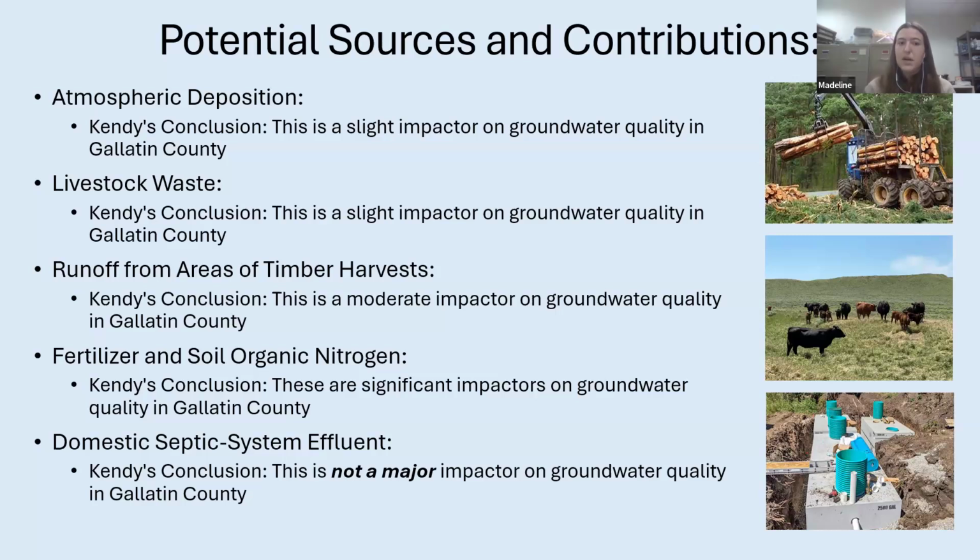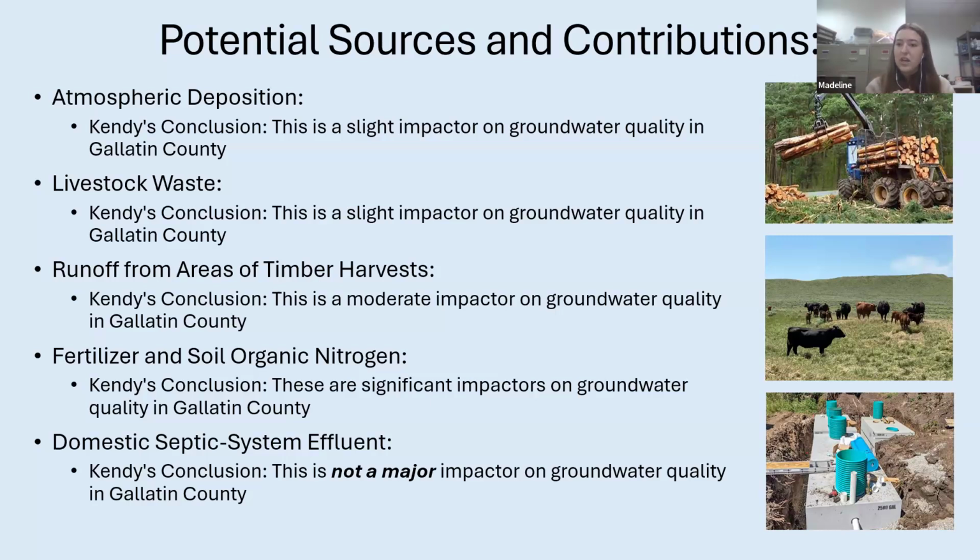Livestock waste was also a slight impactor, but runoff from areas of timber harvest were moderate impactors, as harvesting the timber kind of speeds up the soil erosion, which creates more nitrate rich runoff. And timber harvests are pretty prevalent here in the county. And then she did identify fertilizer and soil organic nitrogen as significant impactors on groundwater, which I know Nick was just talking about a little bit ago.